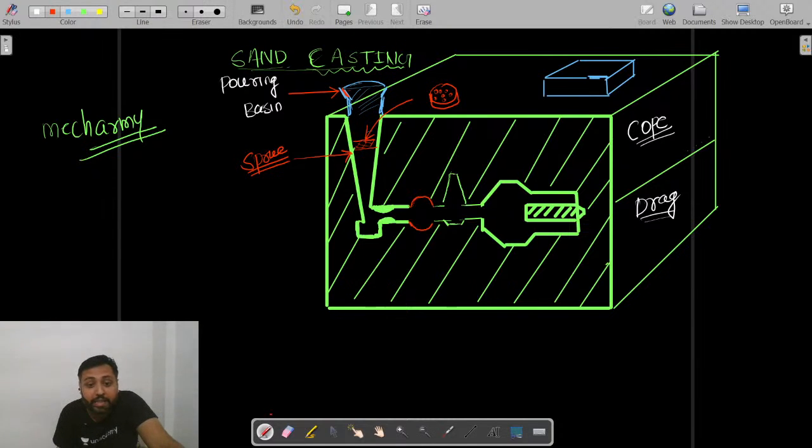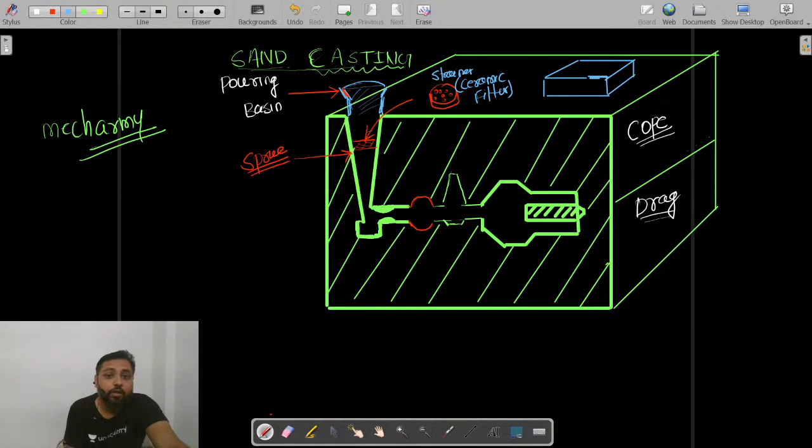This is what is placed here. This is what we call a strainer. What is a strainer? A strainer is actually a ceramic filter.